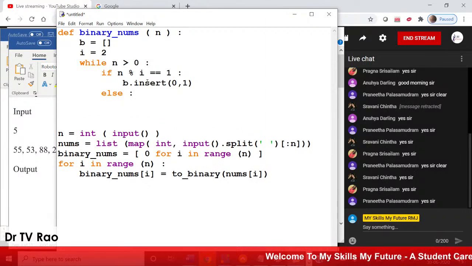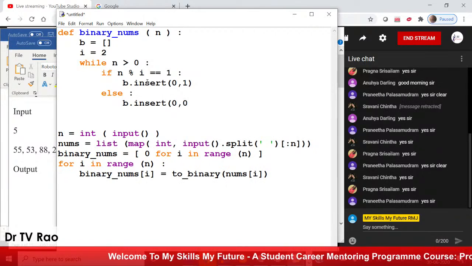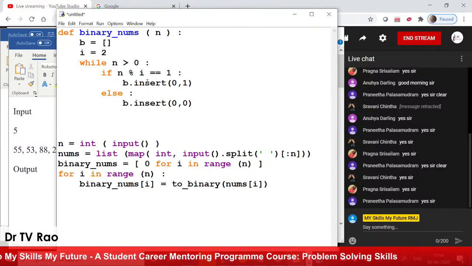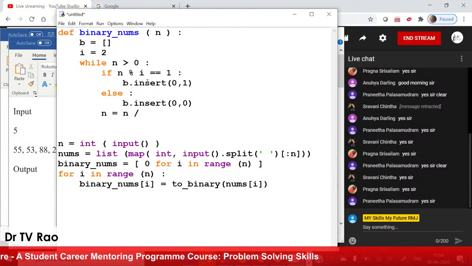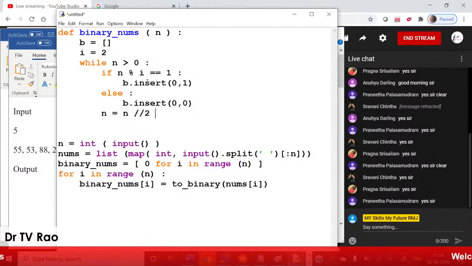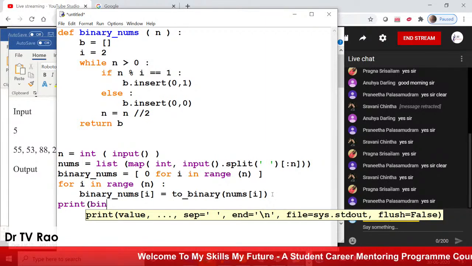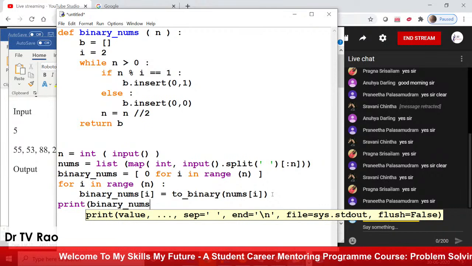Else insert 0 at 0 position. Okay. Next, n is equal to n by 2. First 7 by 2 is 3, 3 by 2 is 1, 1 by 2 is 0. Now return b. Print binary numbers.